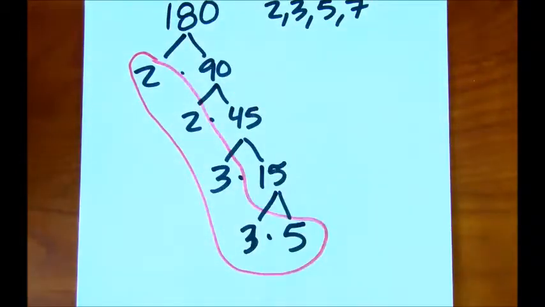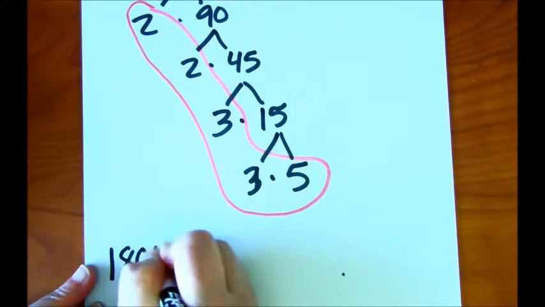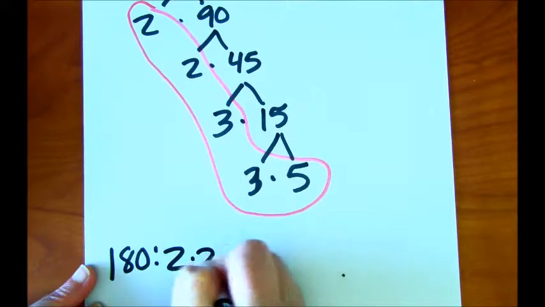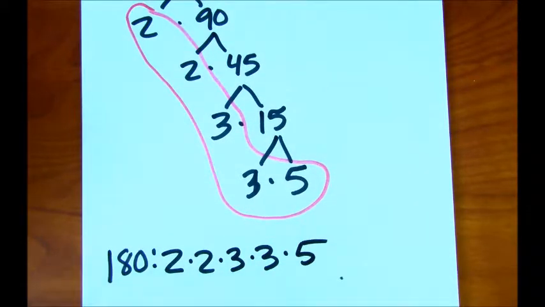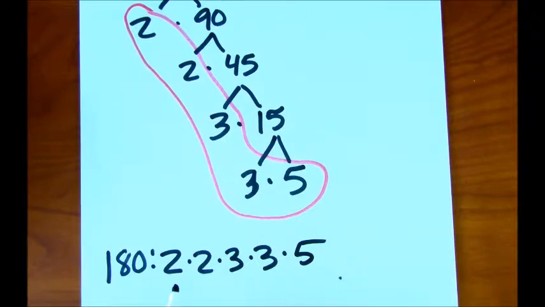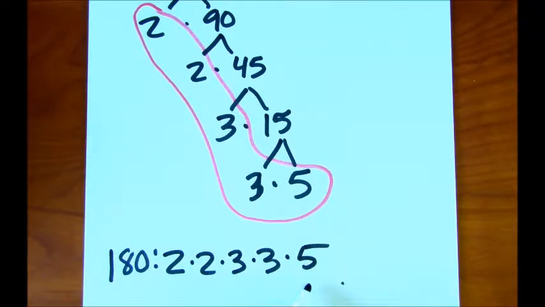These are our prime numbers that make up 180. If I rewrite it this way, I'm going to have 2 times 2 times 3 times 3 times 5. If I check, 2 times 2 is 4, 4 times 3 is 12, 12 times 3 is 36, 36 times 5, well, 36 times 10 is 360, divide that and it's going to be 180.